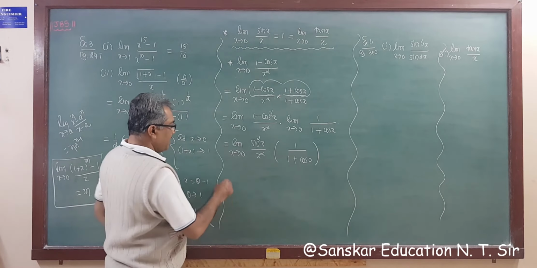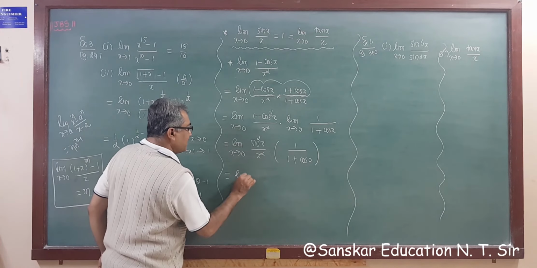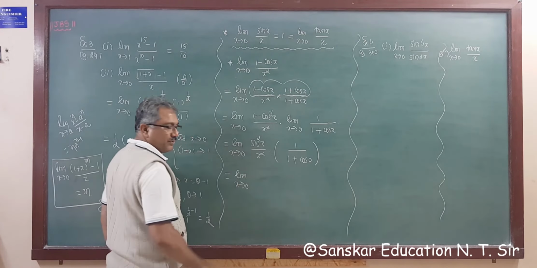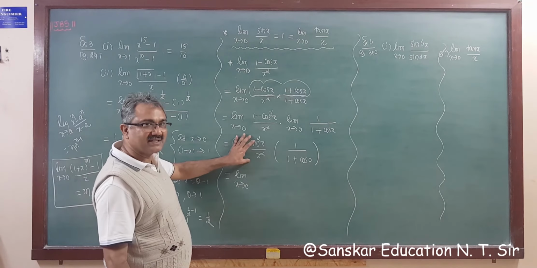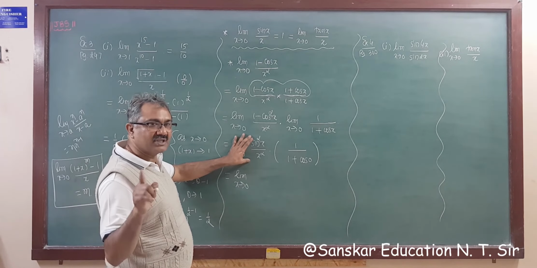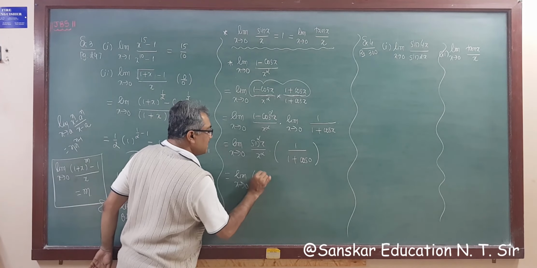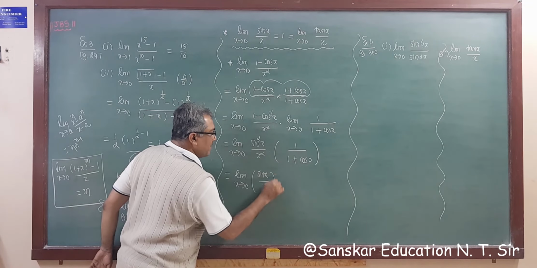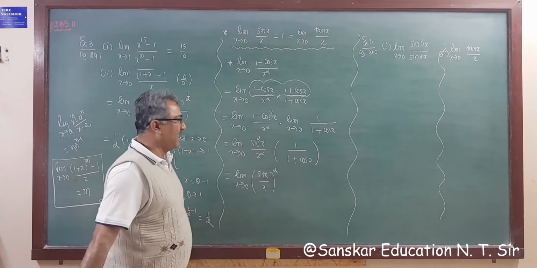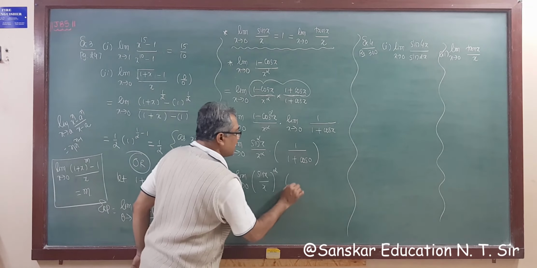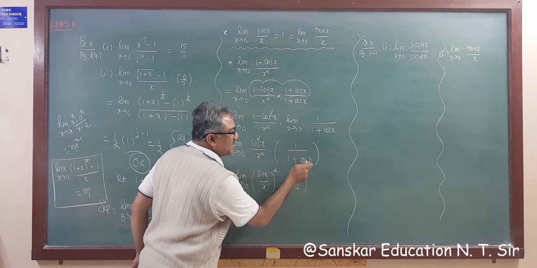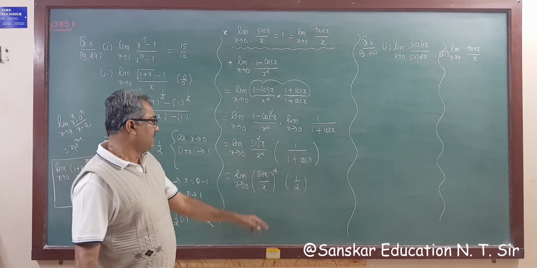Okay. Now can I write like this? Limit x tends to 0, this is sin x upon x whole square, and cos 0 is 1. So the answer is 1 upon 2, 1 plus 1, right?